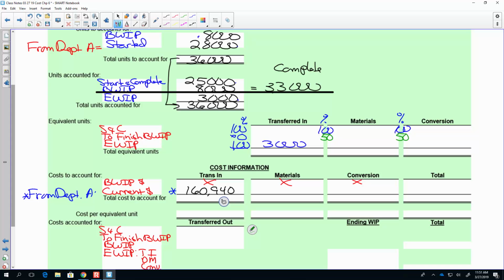now, for whatever reason, the author picked 50%. This 50 here is the complement 50. It's not the 50 that is the complete part. So again, these units were 50% done for materials and conversion.